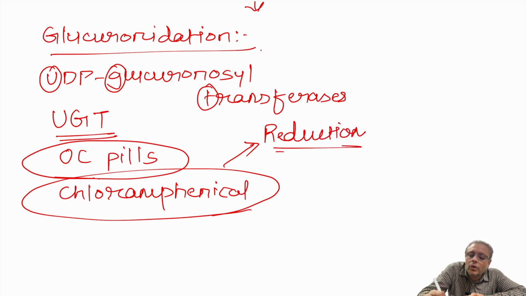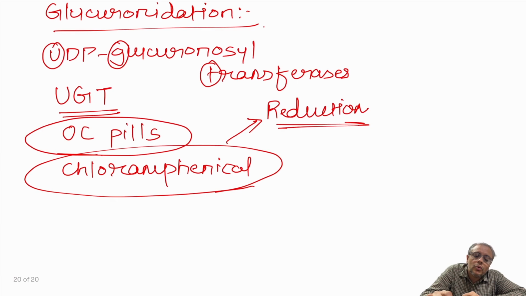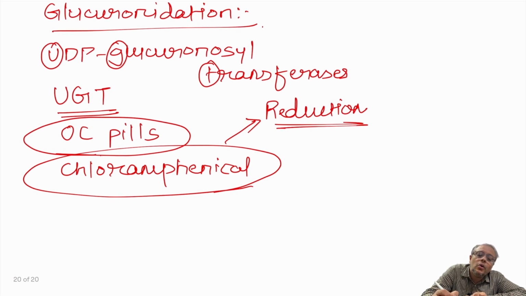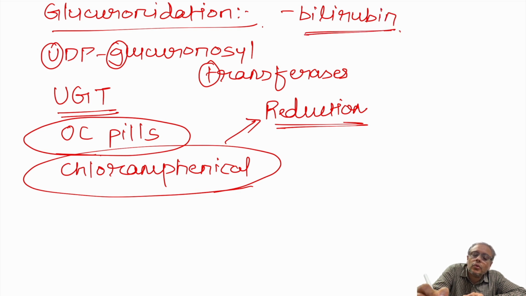So here I want to tell you that there may be two, there may be three different biotransformation reactions by which a drug can be metabolized. Even certain endogenous substances like bilirubin are also metabolized through this glucuronide conjugation.